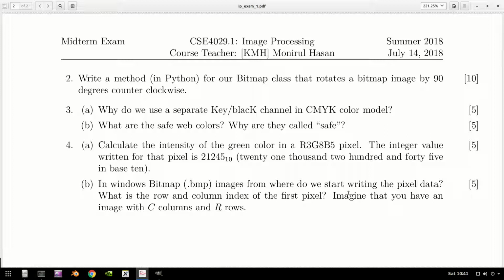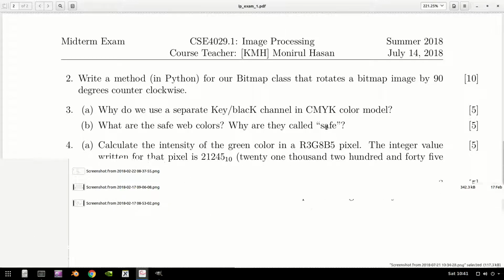For safe web colors, they look pretty much the same regardless of what browser or device you use. Obviously if you turn down the contrast or turn up the brightness of your monitor, or change the tone of your output device, things are going to be different. But in most cases these are safe, they're easily reproduced.